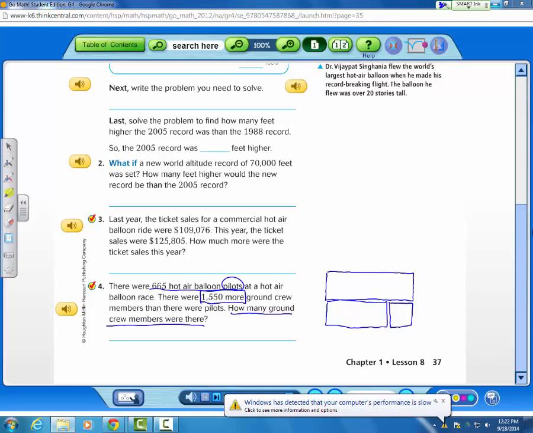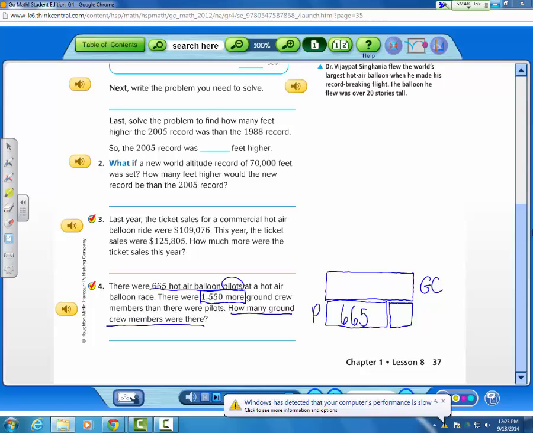So it says there are 665 hot air balloon pilots, but there are 1,550 more ground crew. So we know that the ground crew is more, but we don't know how many yet. So this would make this box the pilots. So we'll put 665 pilots here.